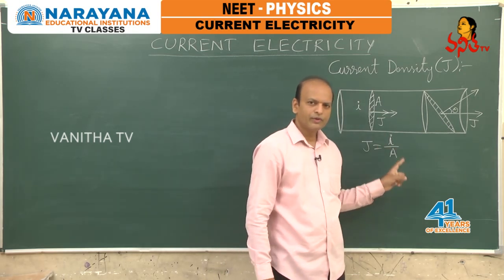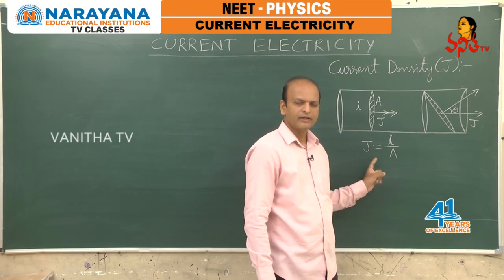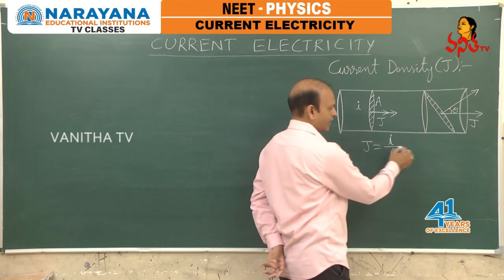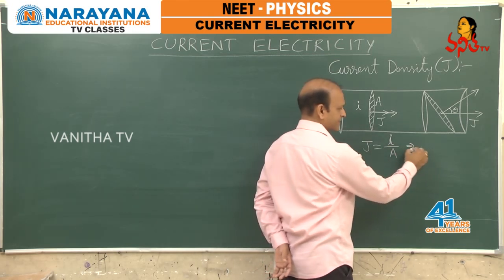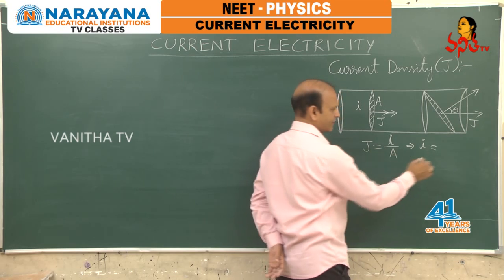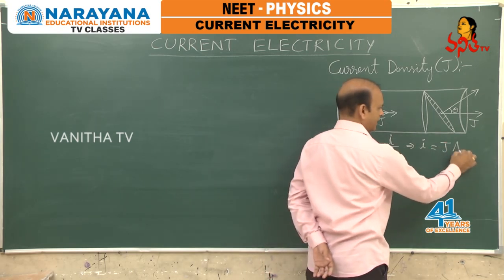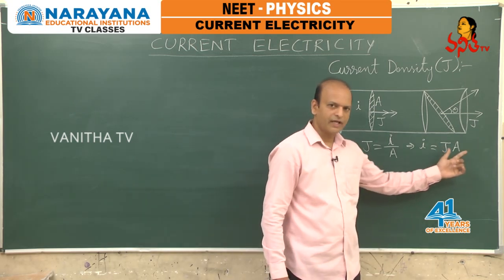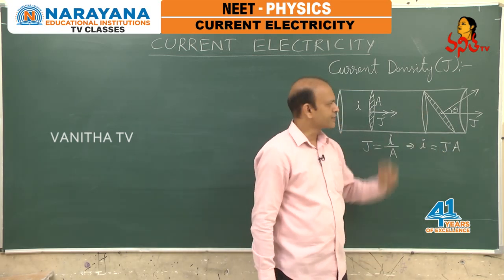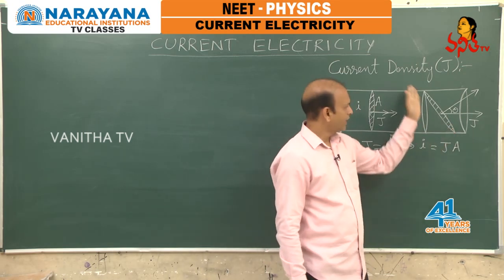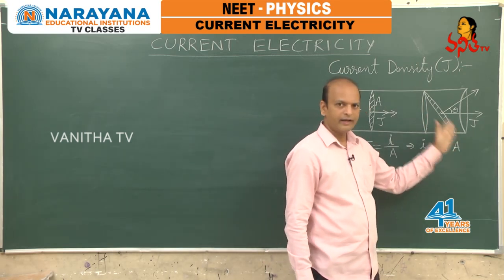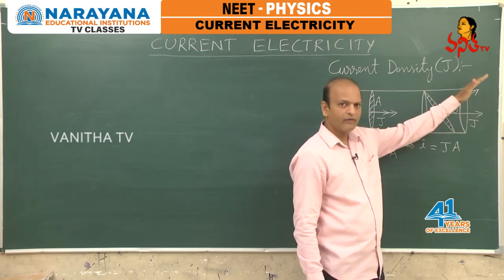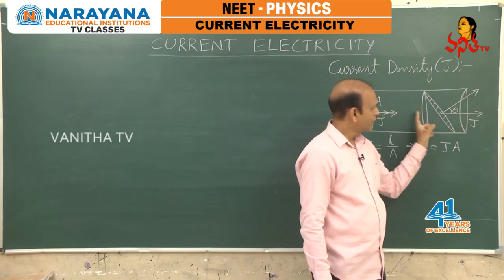Current passing through unit area is said to be current density. Okay. Now here, if we write this current, it will be J into A. This is in magnitude terms of J and A. Suppose we are considering another area, for that the area vector will always be perpendicular to the area.